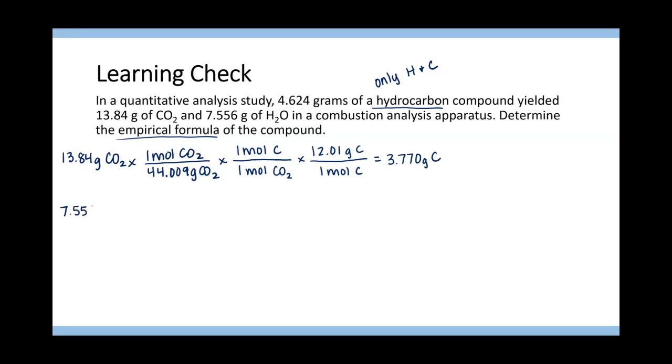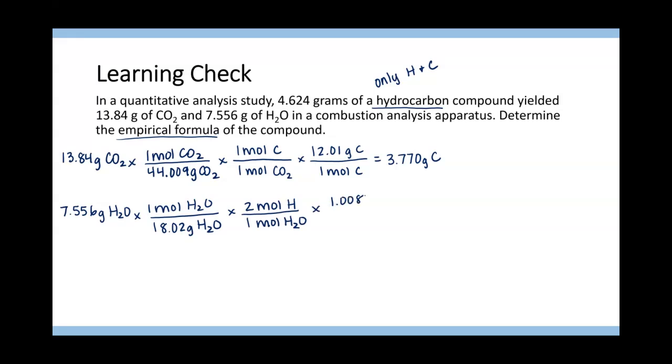So 7.556 grams of water times 1 mole of H2O over the molar mass of H2O. And then because the formula for water is H2O, there are 2 moles of hydrogen for every 1 mole of water.